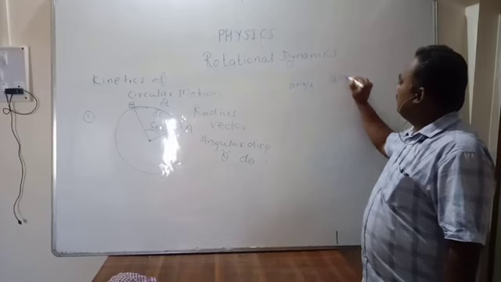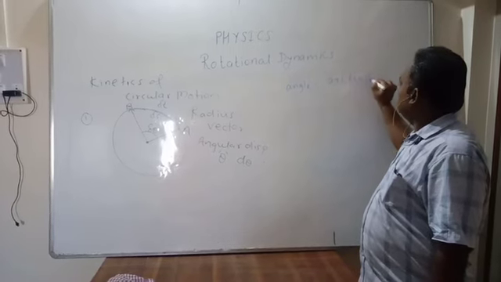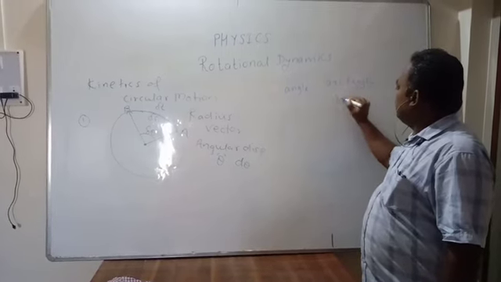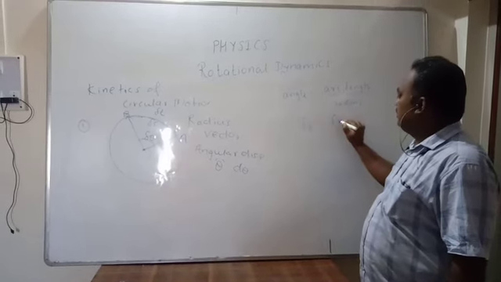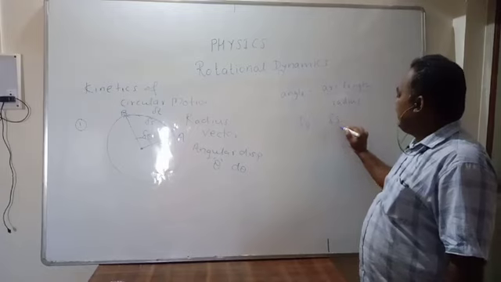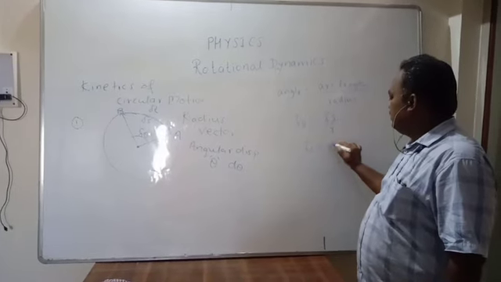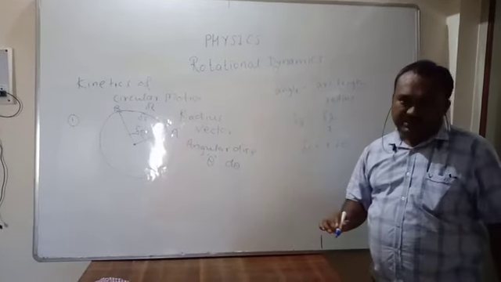The formula for angular displacement delta theta, or angle, is equal to arc length upon radius: delta theta equals delta s divided by r, or you can write delta s equals r into delta theta.